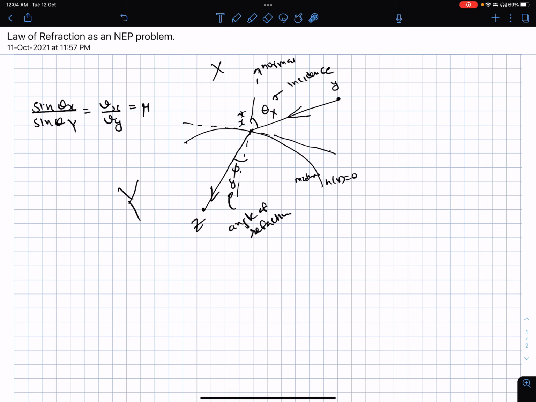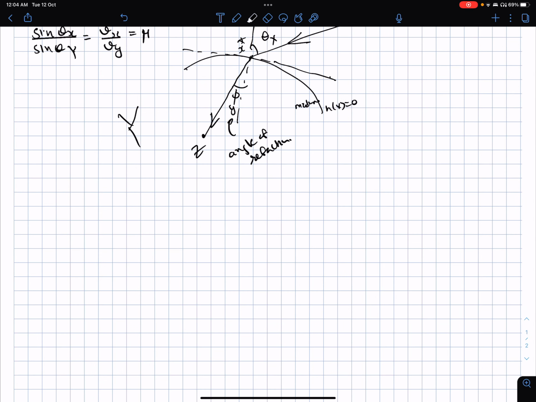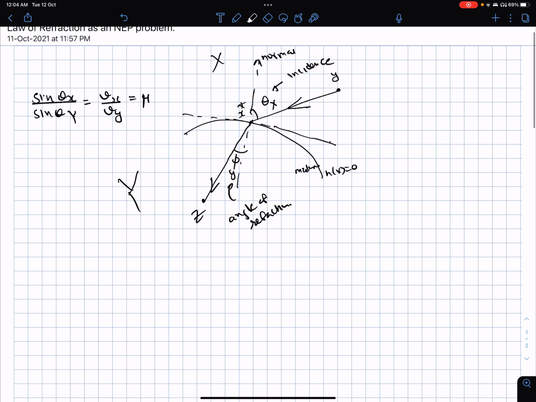So we want to now derive this same thing as an optimization problem, where our intuition is that light travels from y to z via x such that the time of travel is minimum.